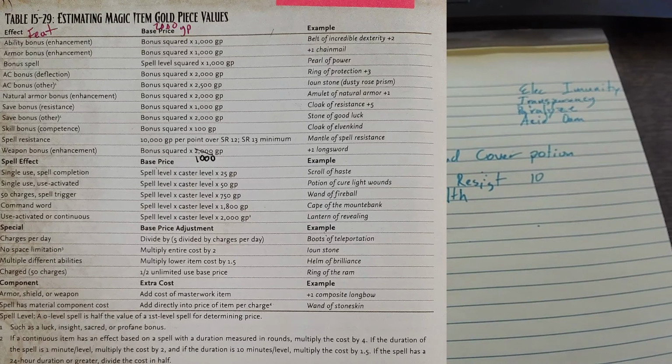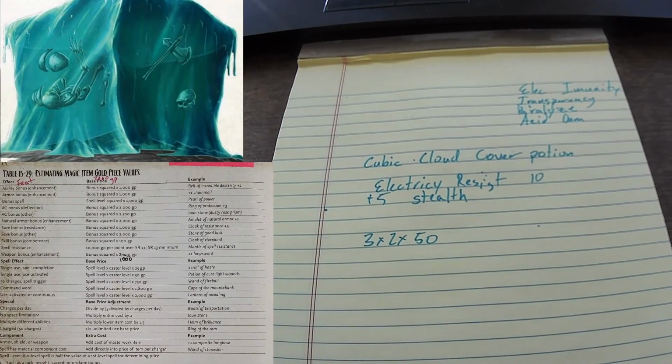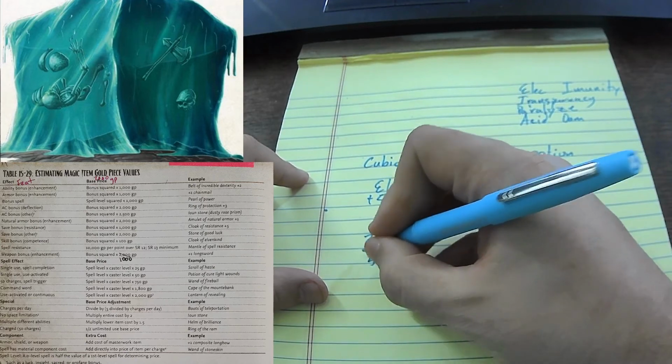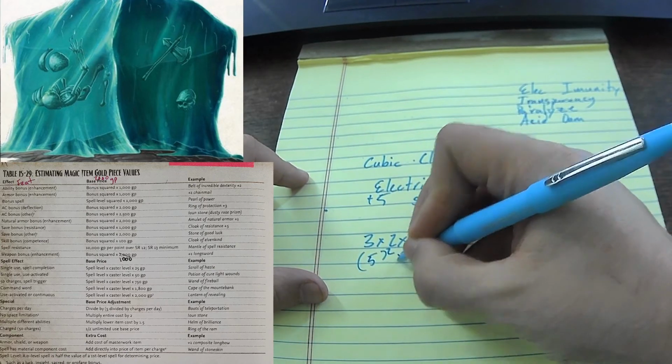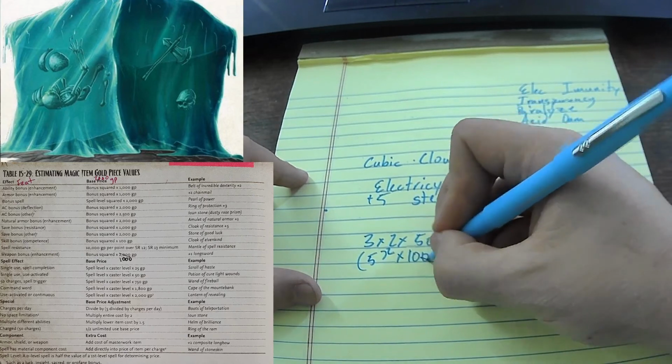So if we see use activated for a spell, it's 2,000. We're just going to divide by 10. It's going to be 1/10 the cost. So normally it is the skill bonus, which is going to be 5 squared times 100, but we're going to divide that by 10. So it's going to be times 10.